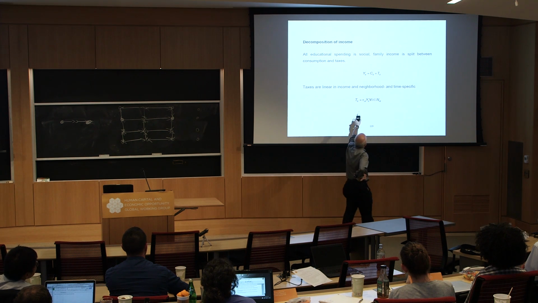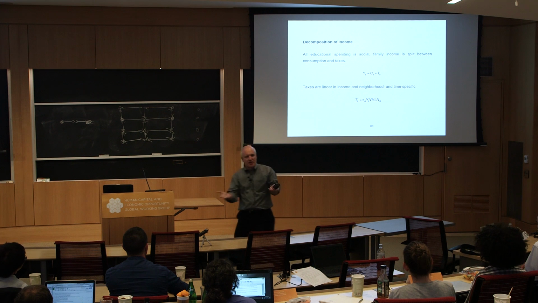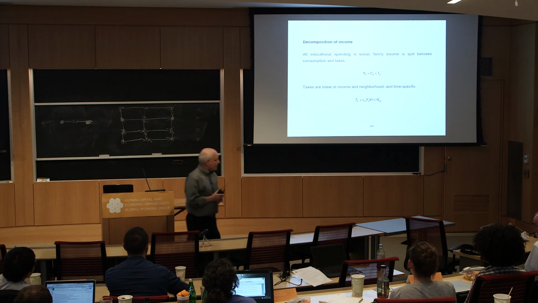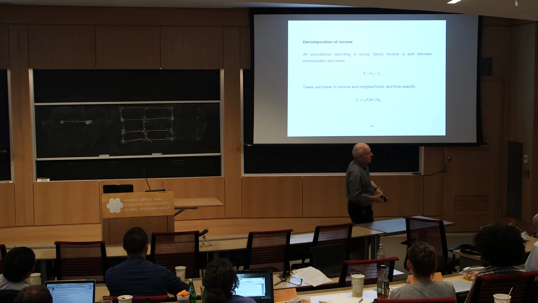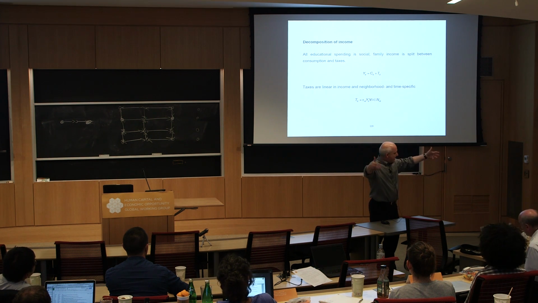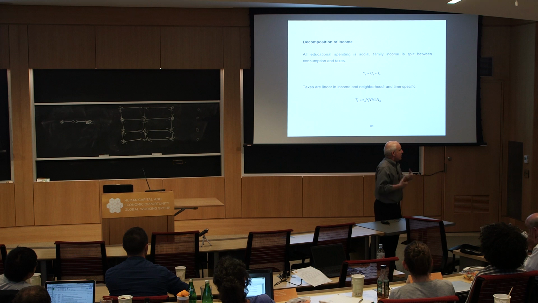Now for simplicity, I'm going to assume that the taxes are set by each neighborhood. So there's a vote, this determines the tax, and that is how the political economy works. It's very simple, but it's collective. In other words, within each neighborhood, there's a distribution of income. There's going to be some mechanism for producing equilibrium tax rates that collects all of the taxes and hence produces the educational quality for the children.